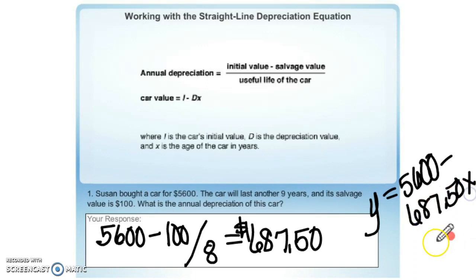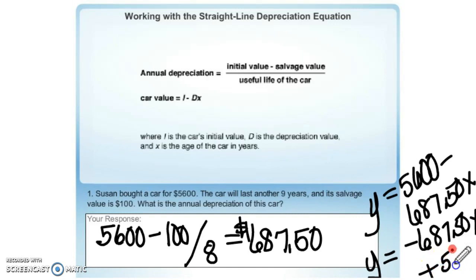Or you could write it as negative 687.50x plus 5,600. Either way, it is the same equation, still modeling that car.